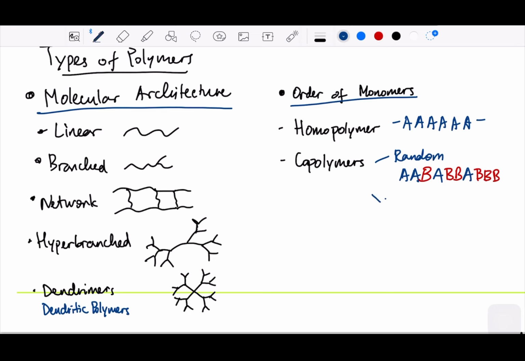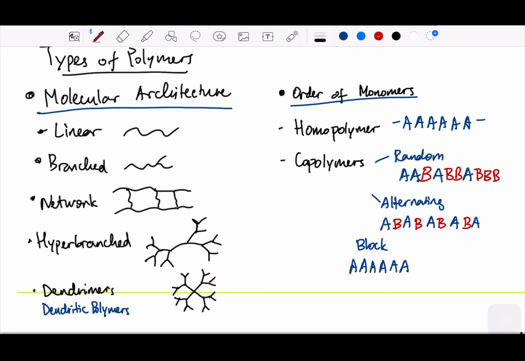And then alternating. And then we have block copolymers. So it's going to be a block on each side.